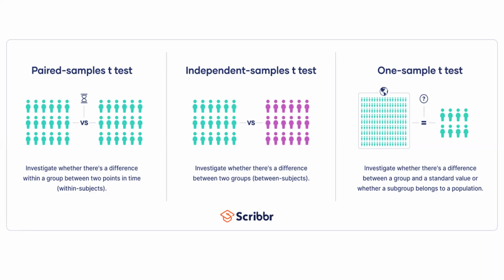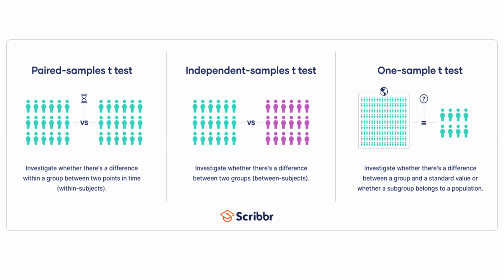So first, before the treatment, you take the body weights, and after the treatment, you take the body weights again. Then you take the mean of the body weight before and after the treatment from the same group and compare them. So a paired t-test is on the same group. You check if there is a significant difference within the group before and after the treatment.